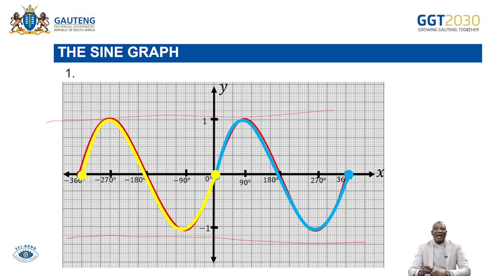So what we mean by the amplitude simply means by how many units do we displace our sine graph away from the horizontal axis, the x-axis, either going up or going down. That's how we can define an amplitude. You have a baseline there, a line of displacement, which is your horizontal axis, the x-axis.